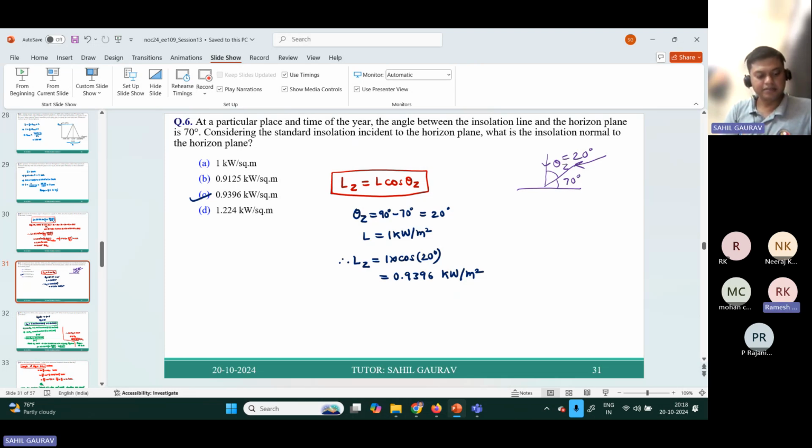For finding declination angle we use the expression. I don't think this is declination angle. You just see the textbook.